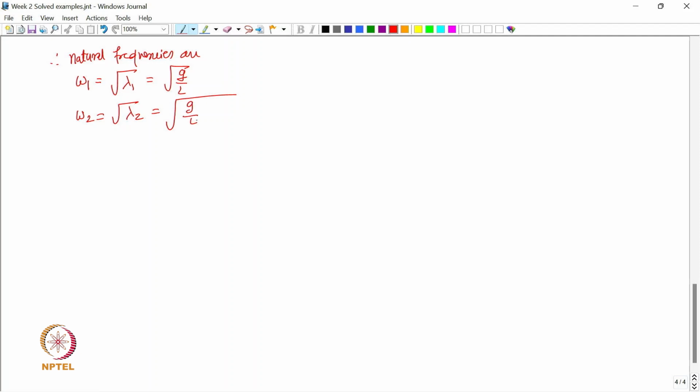So the natural frequencies are omega, which I can call ω1, equal to the square root of λ1, which is the square root of g by L. And ω2 is the square root of λ2, which is the square root of g by L plus 2 k s² upon m L².